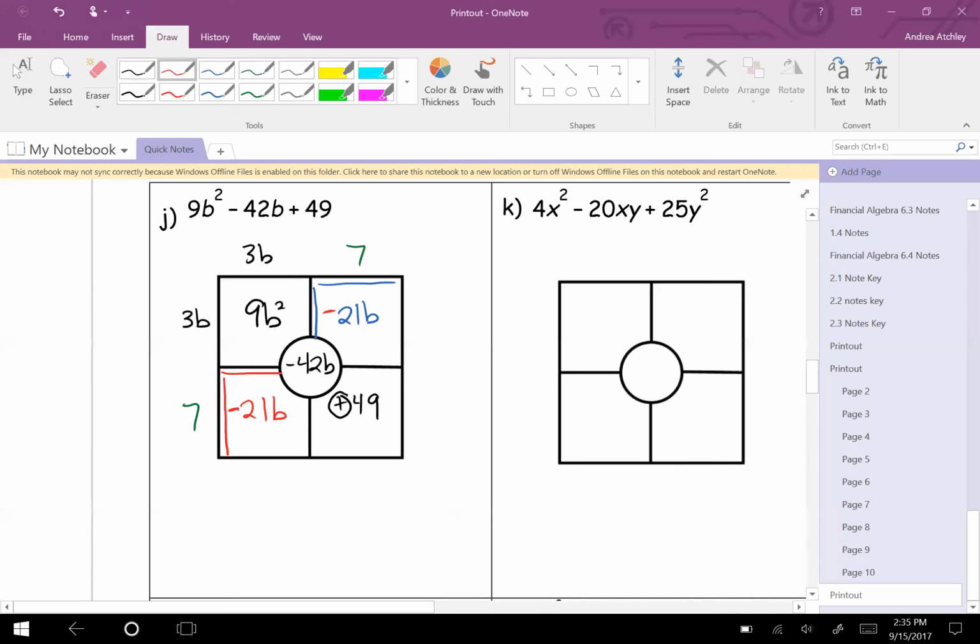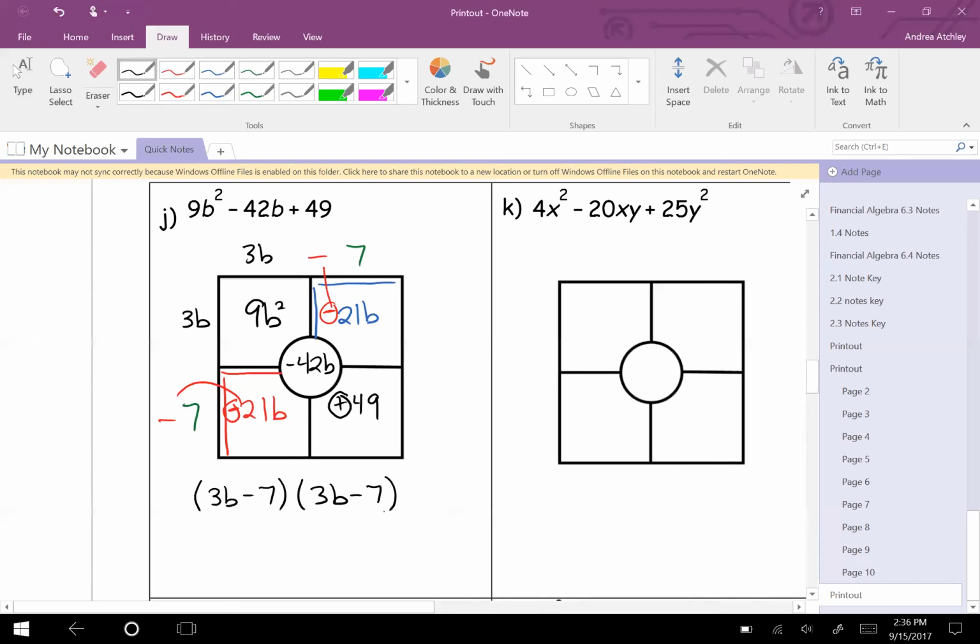Because they need to have the same sign, so I'm going to add them. If they were opposite signs, I'd be subtracting. So they both need to be negative in this case, so I get a negative 42. That means this 7 needs to be negative here, and this 7 needs to be negative here. So my factors are 3b minus 7 and 3b minus 7.